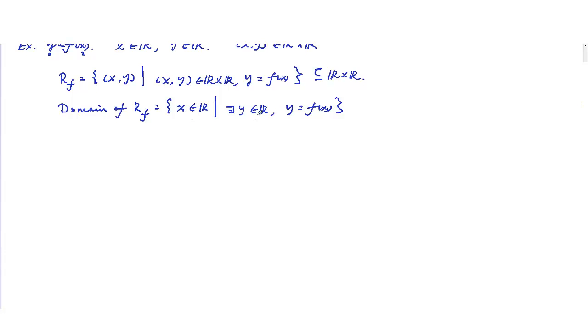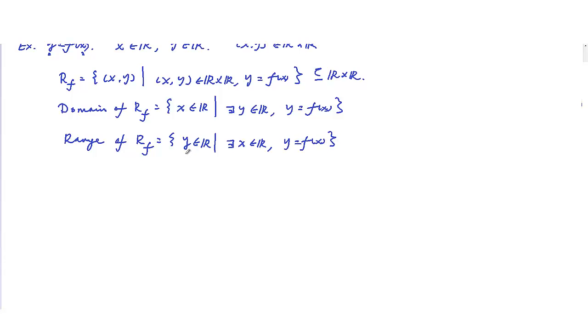And all those x is called the domain. And then the range of this relation defined by the function will be all y in R such that there is an x in the real number set such that y equals f of x.